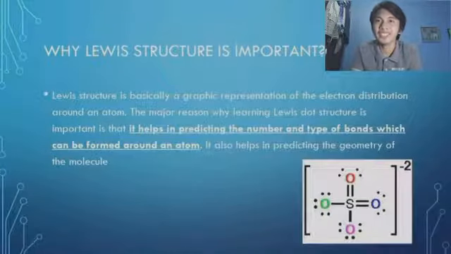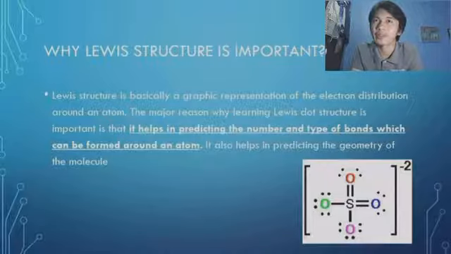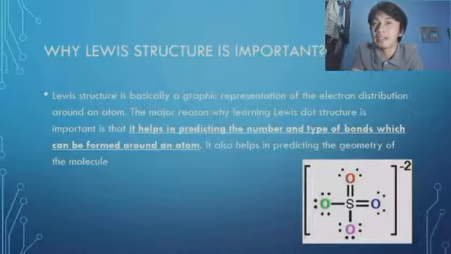Why is the Lewis structure important, or why do we need to study it? It's stated here that a Lewis structure is basically a graphic representation of the electron distribution around an atom. The major reason why learning the Lewis dot structure is important is that it helps in predicting the number and type of bonds which can be formed around an atom.